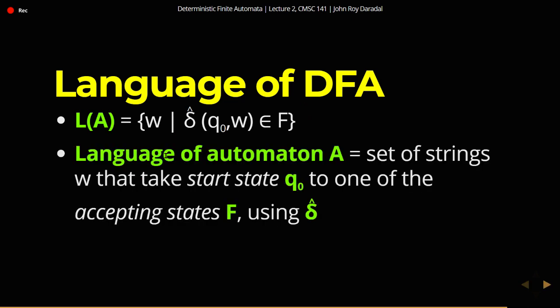So again, the language of automaton A is the set of strings W that takes the starting state Q sub 0 to one of the accepting states F using the extended transition function. So once we process the string starting from the start state, if it ends up in one of the final states, then it is accepted by the language of the DFA. Or yeah, it's part of the language of the DFA.